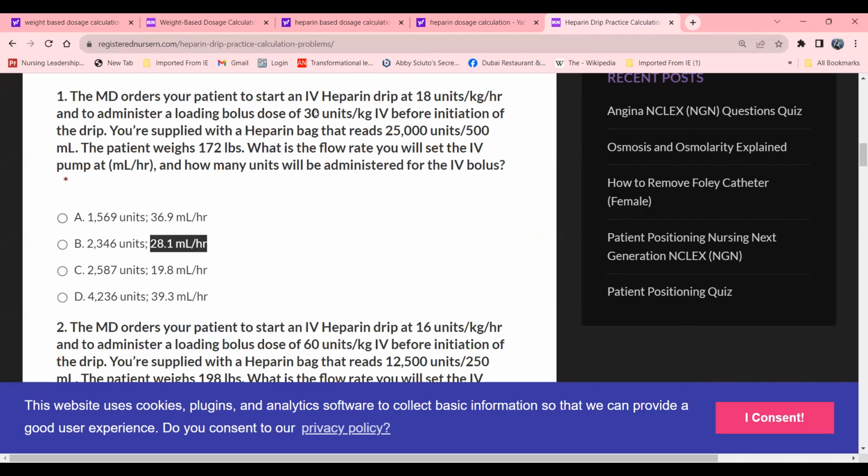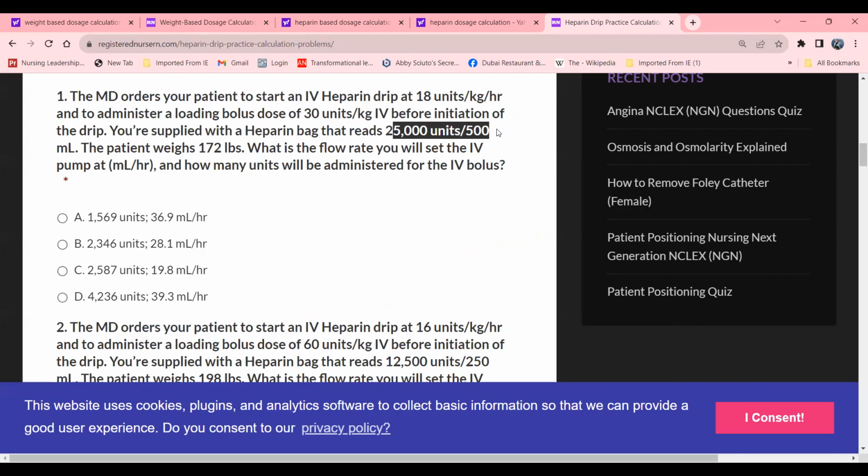Really, this bolus dose is just a desire to ever have, guys. All you would do with this is take this and put it over this. And that's going to give you that answer number B or close to it. Sometimes she rounds a little funky on here than what I would do it, but again, it's heparin.